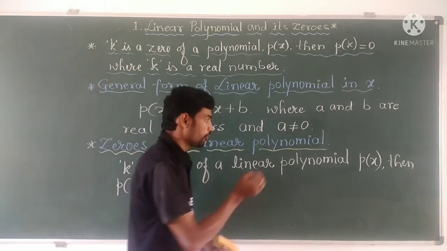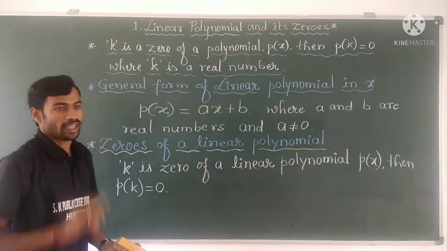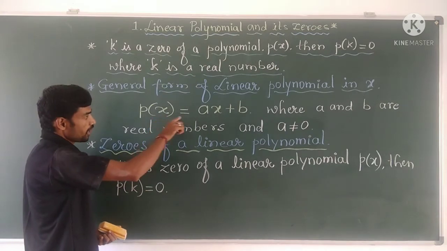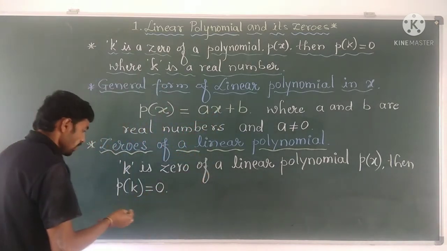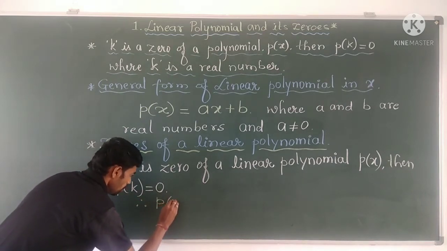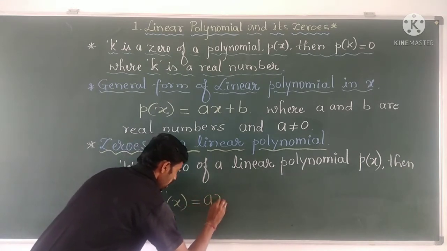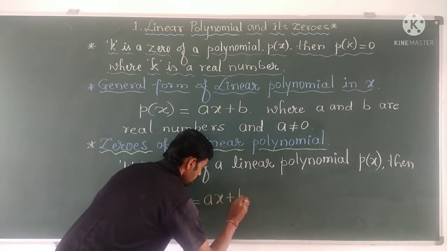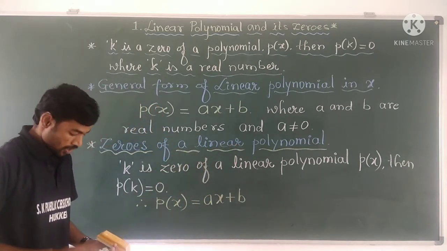In place of x, we need to substitute k. Therefore p of x is equal to ax plus b. This is a linear polynomial.